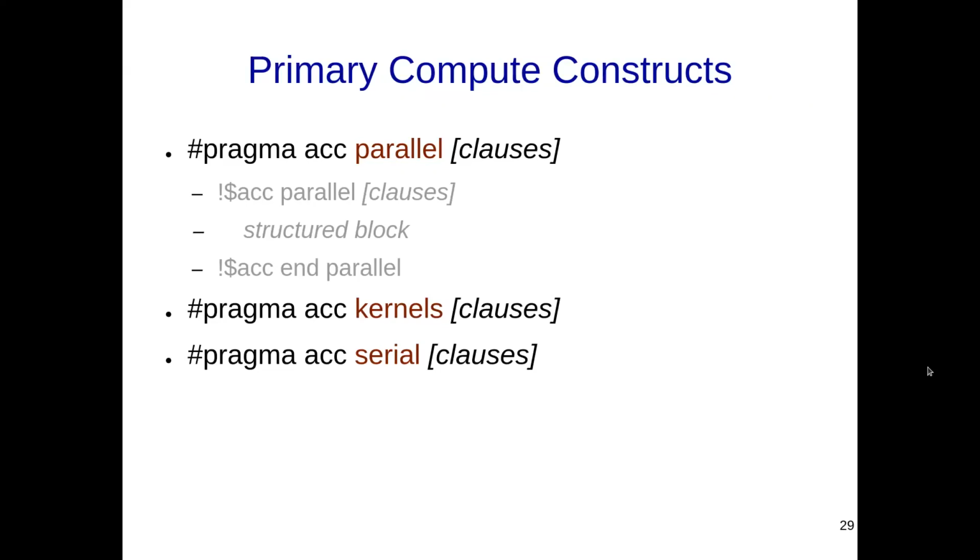At that time you can specify serial, and then that code will execute in a sequential manner. But remember that serial is not exactly the same as without the pragma. Serial means that this is running serially on the accelerator. If you don't specify anything, then it will be running sequentially on the host or the CPU. So that difference definitely comes into the picture when we are talking about serial.